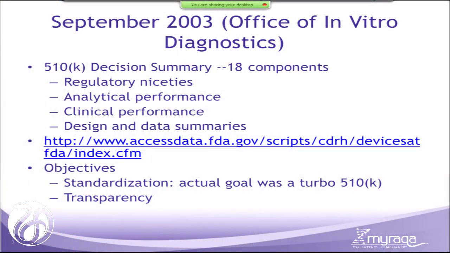Next slide. In September of 2003, the Office of In Vitro Diagnostics at FDA began publishing on its webpage a template outlining the summaries of its decision-making process for all moderate-risk devices. The decision summary currently consists of 18 components, which addresses regulatory niceties, provides information on analytical performance, on clinical performance.